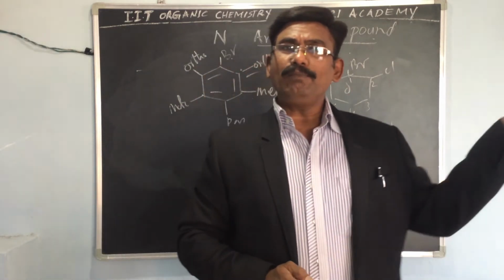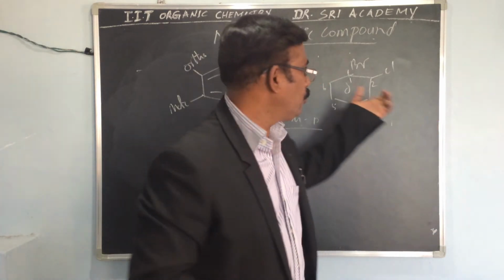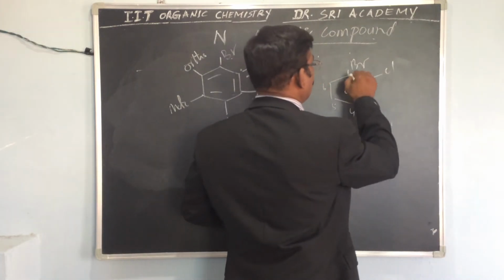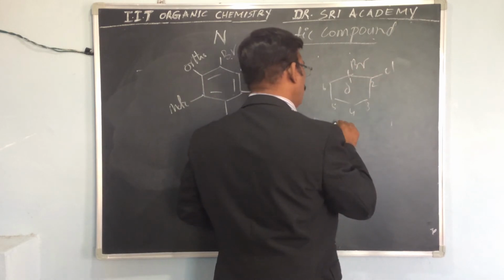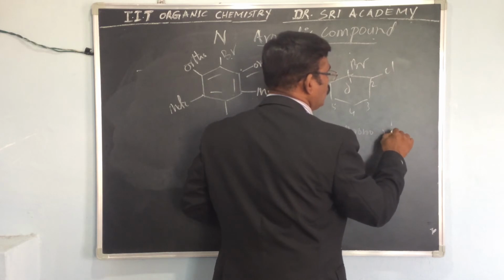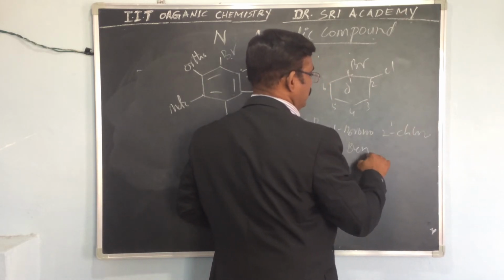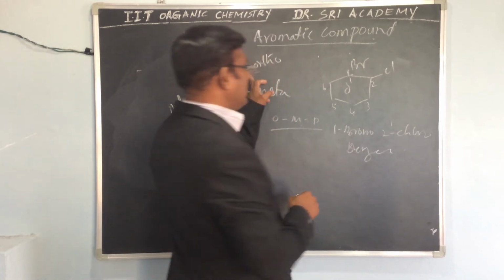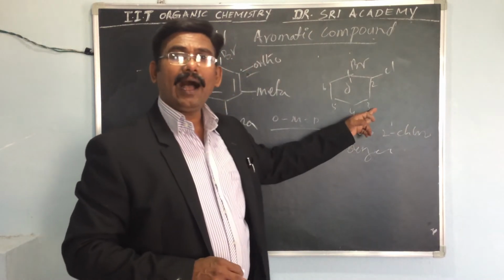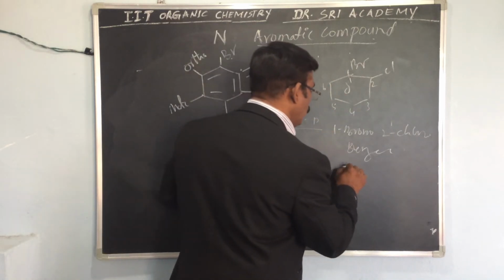So 1-bromo-2-chlorobenzene. 1-bromo, 2-chloro. So the 2 position is the chloro and the 1 position is bromo. So 1-bromo-2-chlorobenzene. Otherwise, by position, ortho-chlorobromobenzene.